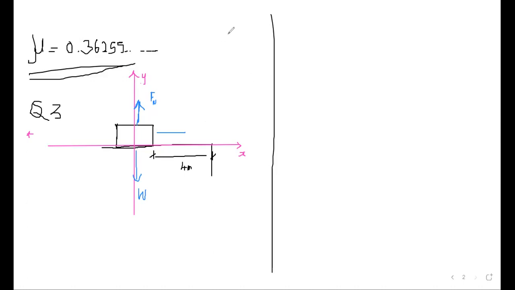Let me just use another color so that there's a distinction. So this box would actually be moving in that direction. Let me call this guy F box. So I would say it's FB, not Facebook. Then the frictional force would actually be going in the opposite direction, which is F.